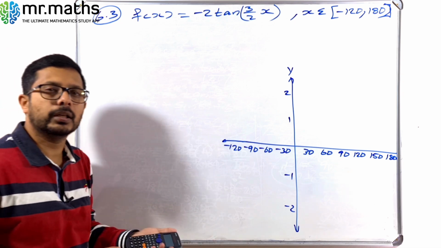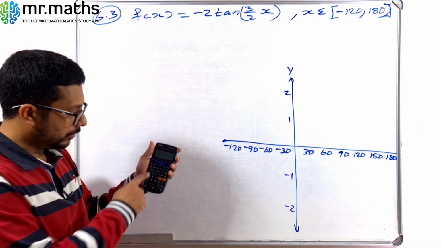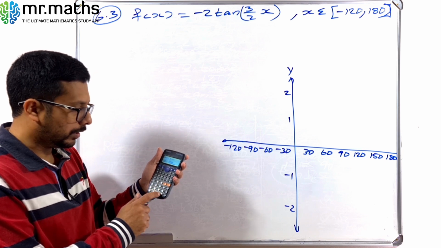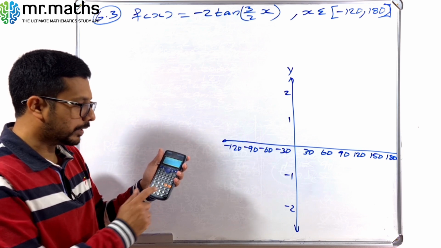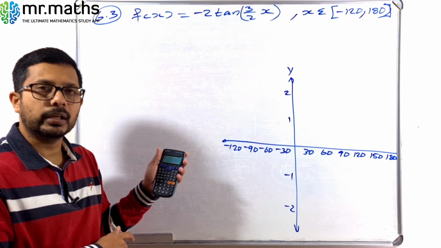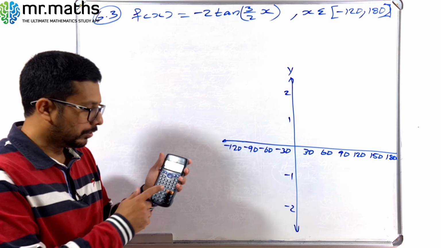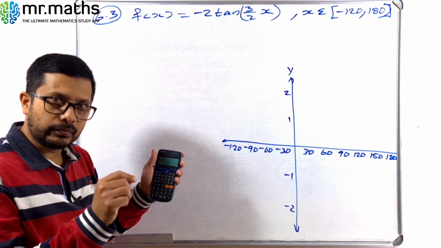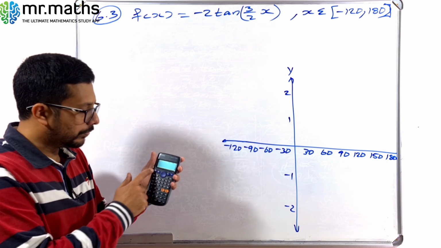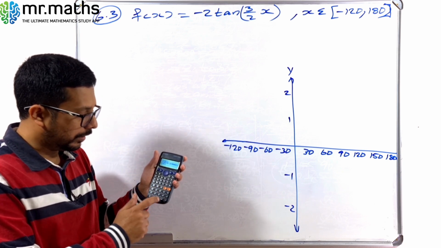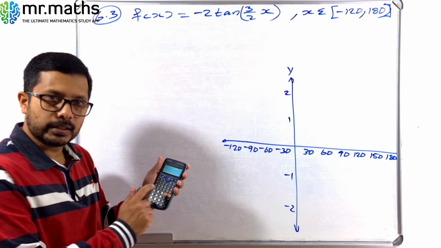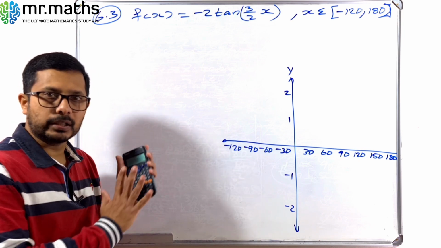Make sure that the memory is clear: shift 9 3 equals AC. That is how we can clear the memory. Once more, you can pause and check in your calculator when you watch the video. Shift 9 3 equals AC. So the memory of the calculator is clear.